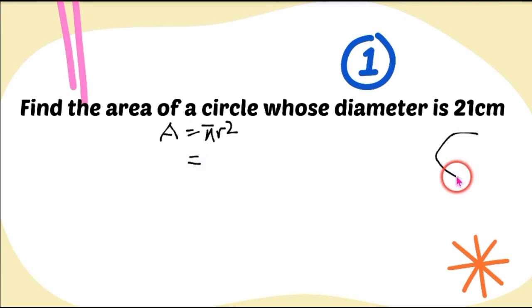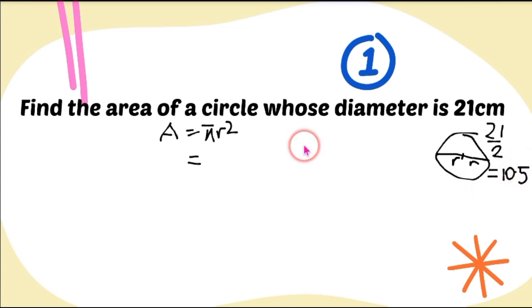Don't forget that the circle has a diameter running through the center. The line that runs through the center is called the diameter. But when the diameter is divided into 2, it gives you 2 radii. So one radius will be the diameter divided by 2, in this case 21 divided by 2, and that will give us 10.5.